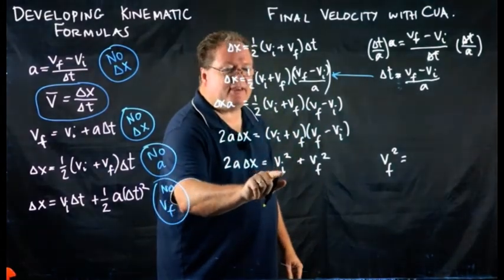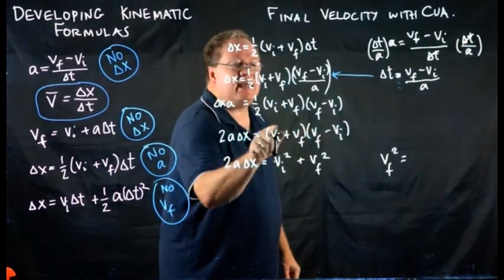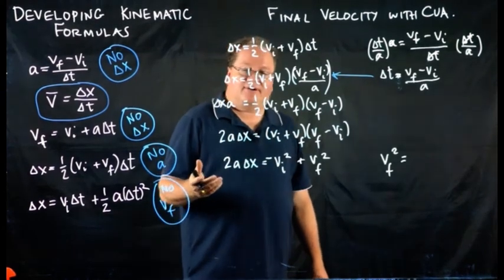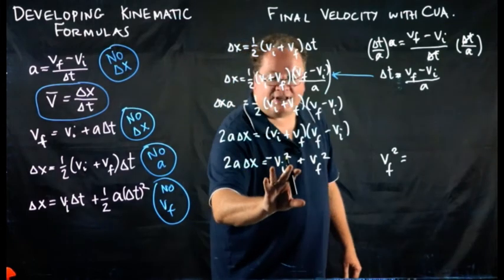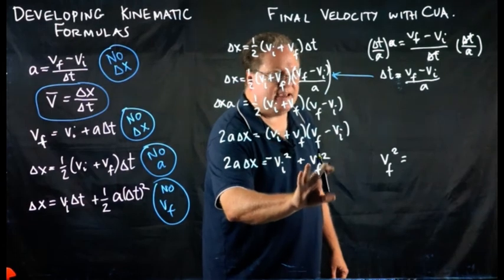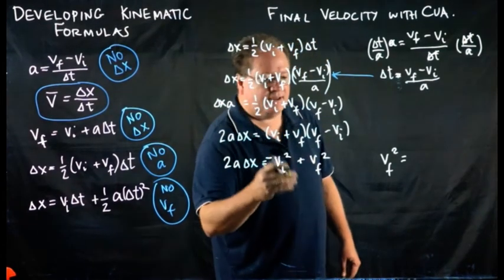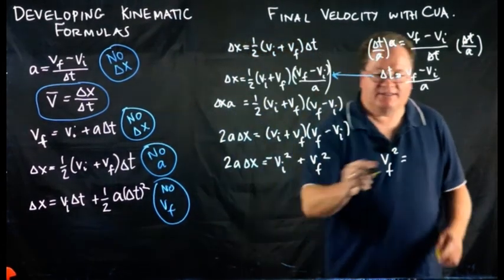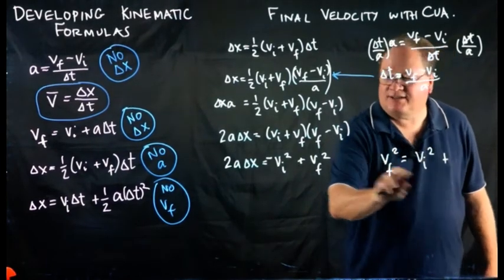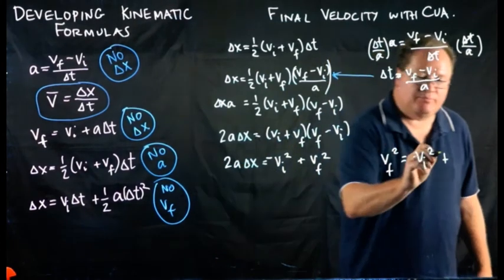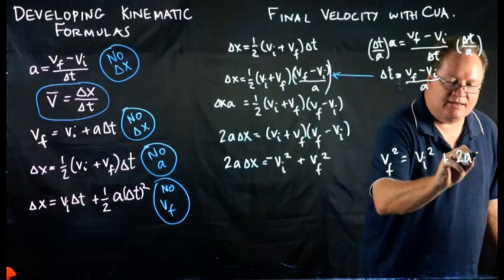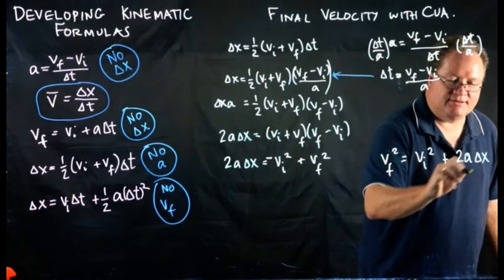This shouldn't be vi squared. This should be negative vi squared, like so. So in order to get rid of the vi squared, to move it away to the other side, because I want to isolate vf, that's the name of our formula, I would have to add it to both sides. When I do that, I get this: positive vi squared when it's added to this side, plus 2a delta x.